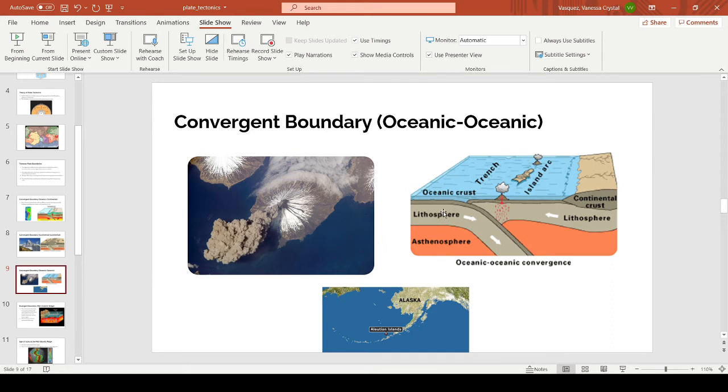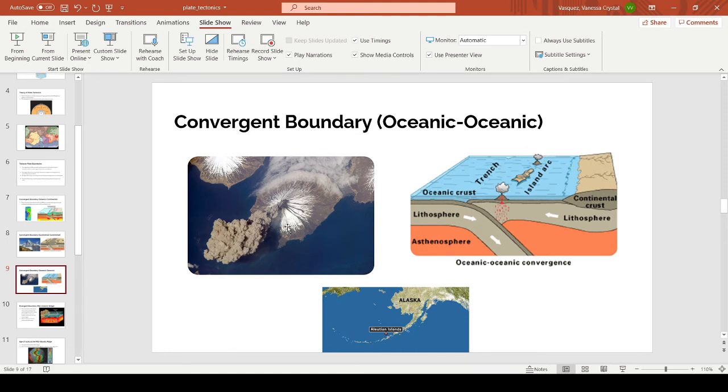For example, we see the oceanic crust colliding into this other oceanic crust, and the older, more dense crust is the one that sinks underneath the other oceanic crust. Again, there's a formation of a trench, as well as a line of volcanoes starting to form, also known as the island arc. An example is the Aleutian Islands.